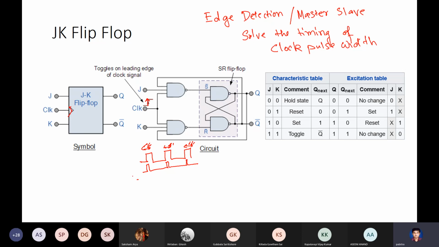Instead, I say that the activation period of the latch is not the entire on period of the clock. It is only in the edge of the clock. So I can now have a clock like this. I don't bother about a small clock pulse width, but the changes will only happen in the up edge or the down edge.